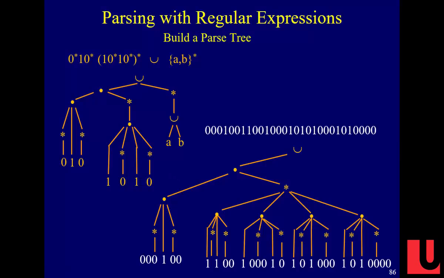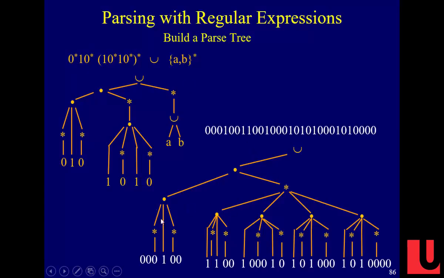The reason it works is because I would say 0, 0, 0 is 0 star, and 1 is 1, and 0, 0 is 0 star. Hence, 0, 0, 1, 0, 0 is in 0 star, 1, 0 star. Right?